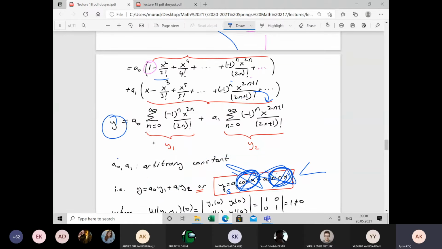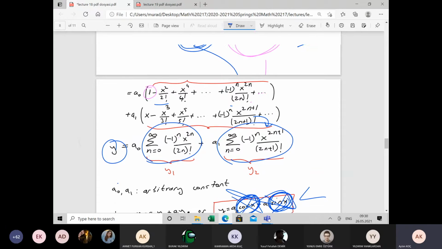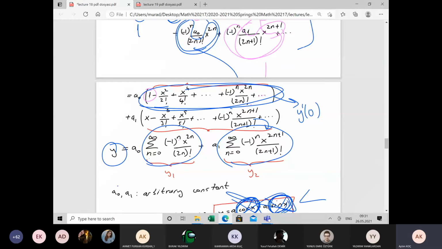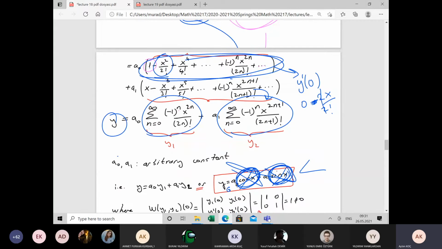We obtain y sub 1 this one, y sub 2 this one. Compute the derivative of y sub 1 at 0.